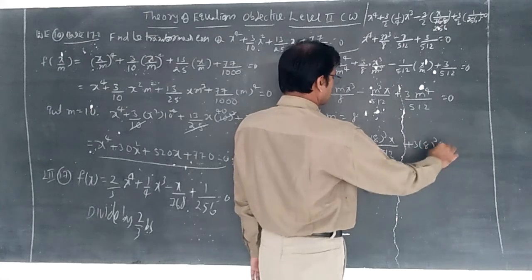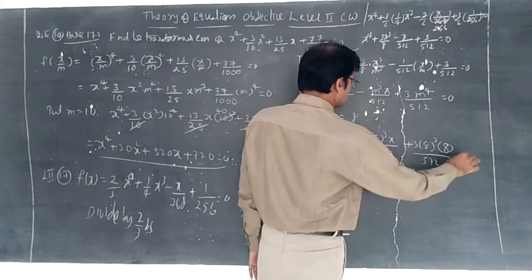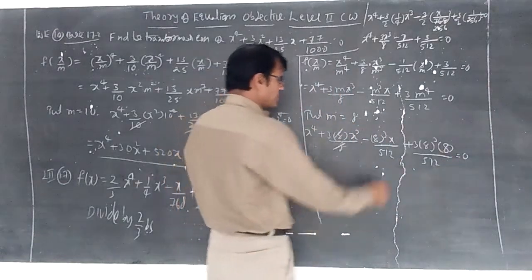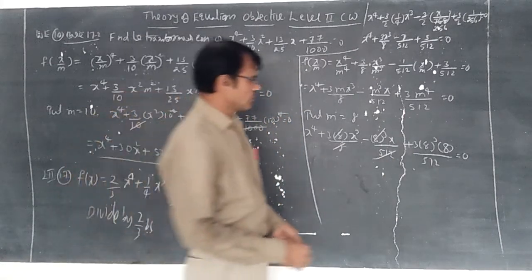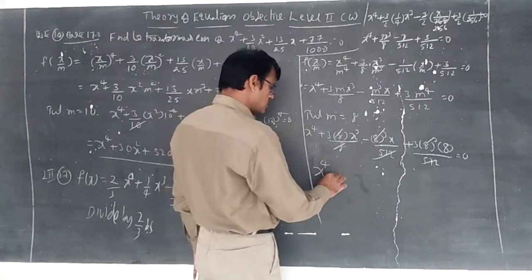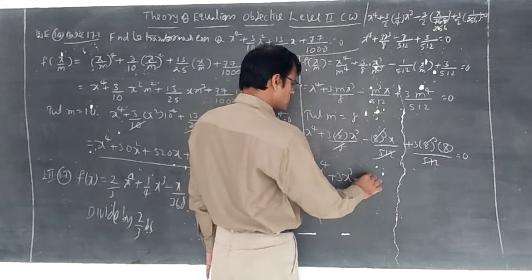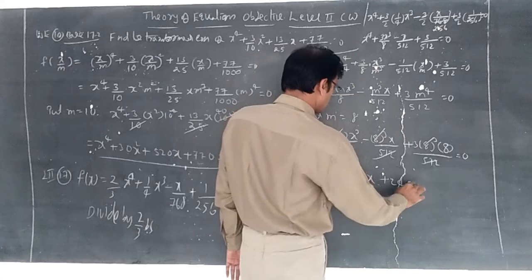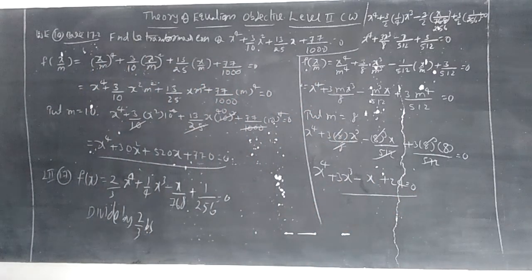So better to write 8 cube into 8 by 512 equal to 0. Here 8 and 8 will be getting cancelled. 512 is nothing but 8 cube, because 8 times 64 is 512. Here 512 and 8 cube get cancelled. So the required transformed equation is x power 4 plus 3x cube minus x plus 24 equal to 0, the transformed equation of the given equation.